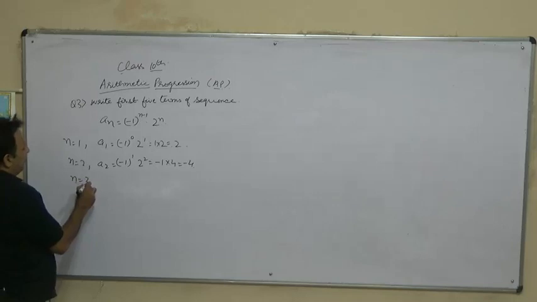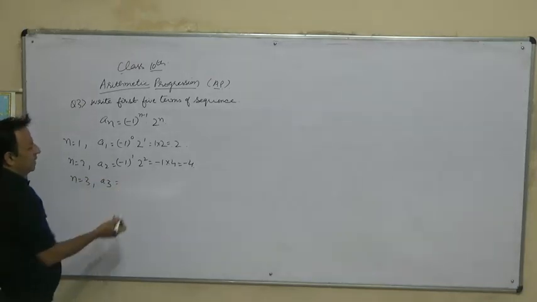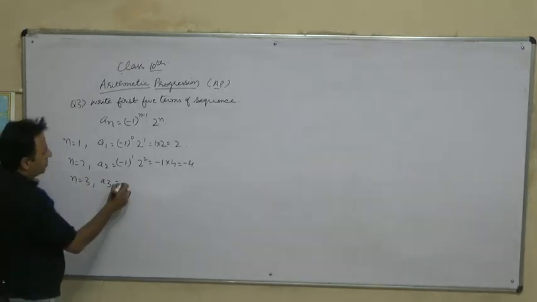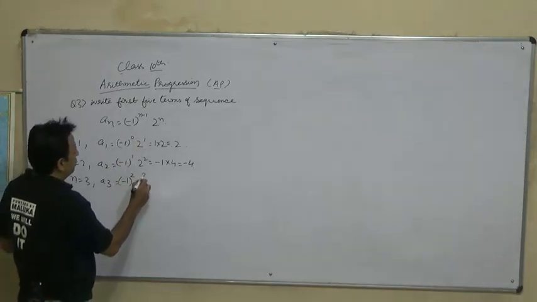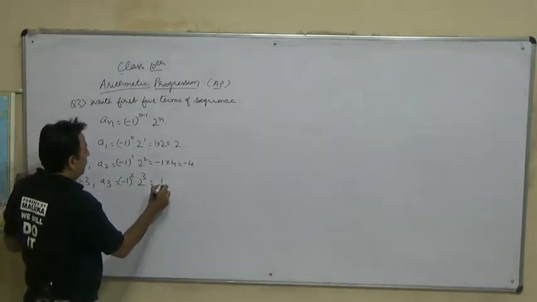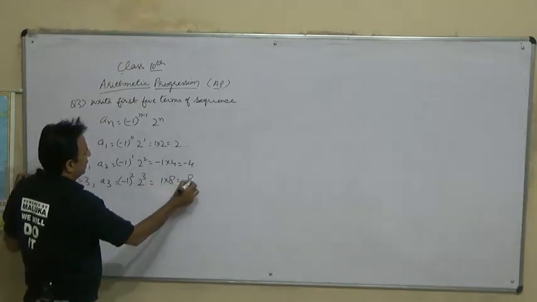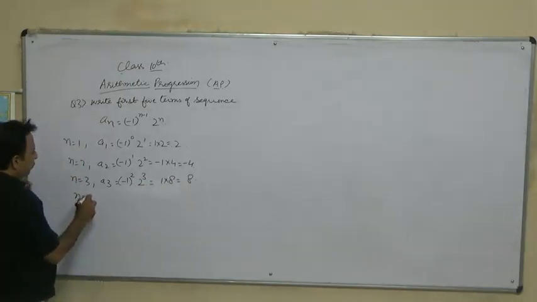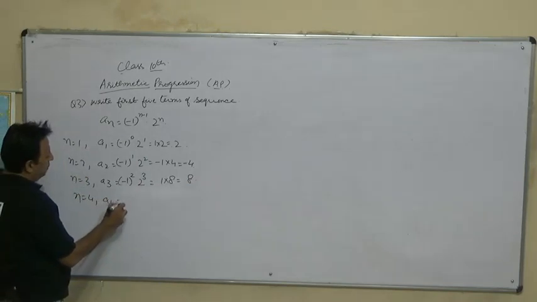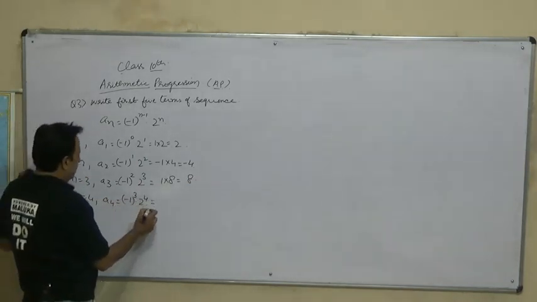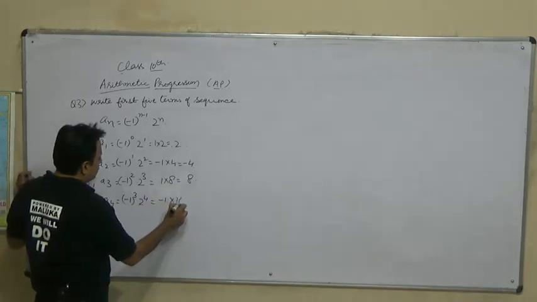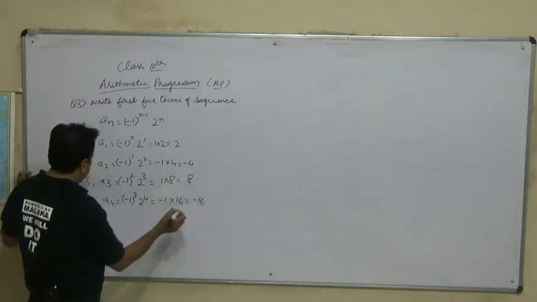N is equal to 3, a3: minus 1 raised to power 2, 2 raised to power 3, which is 1 into 8, which is 8. N is equal to 4, a4: minus 1 raised to power 3, 2 raised to power 4, which is minus 1 into 16, minus 16.